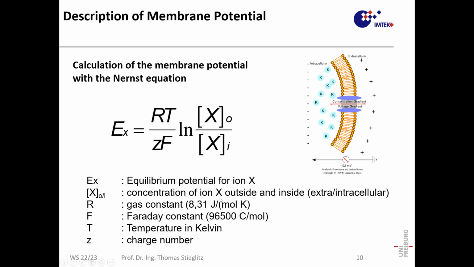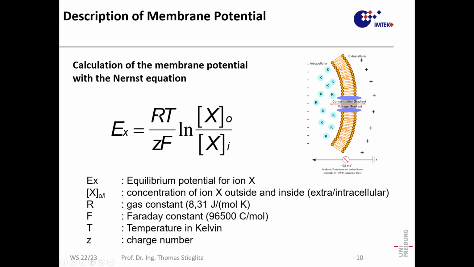The underlying equation, one of the famous ones, I think you have to learn probably 5 equations in that course, and this is one of those. That's the Nernst equation. It tells us that the potential that arises is calculated by the gas constant, the absolute temperature, something that's called the charge number, and the Faraday constant.